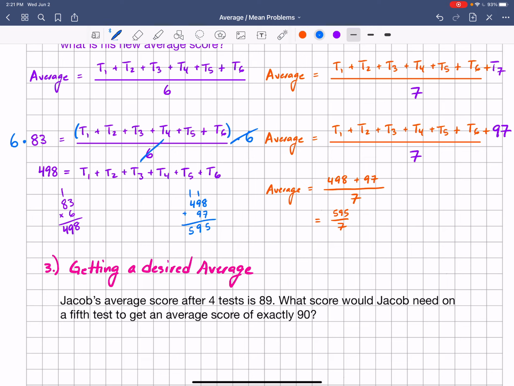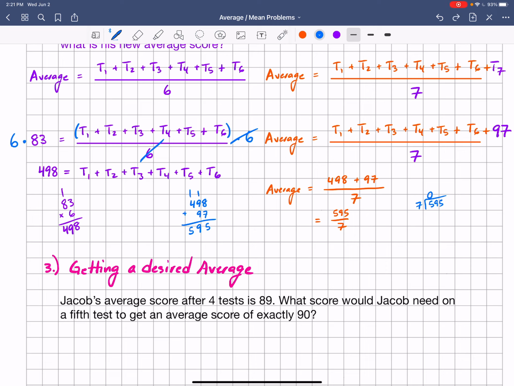And now 595 divided by 7. Well, this one, we're going to move this where we have a little more space. This one's going to take a little bit of work. So we have to look at how many times 7 goes into 5, which is 0 times. Now, how many times 7 goes into 59?